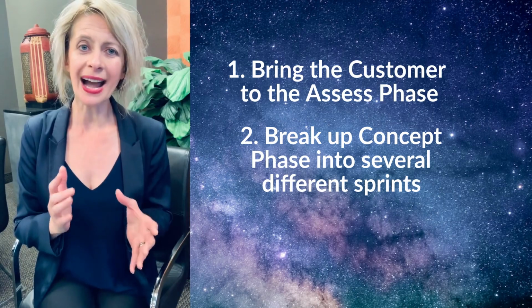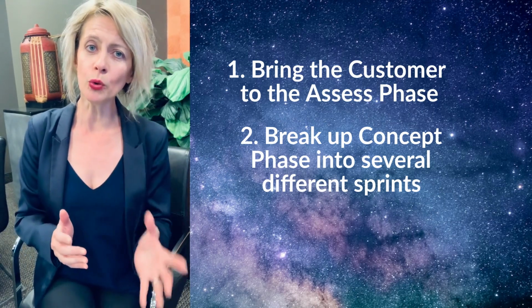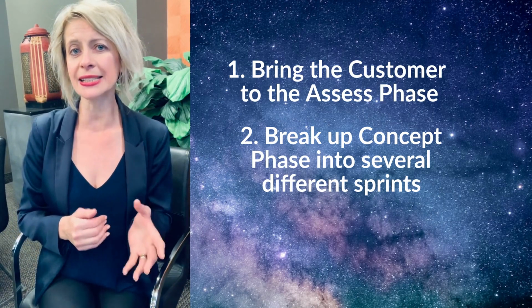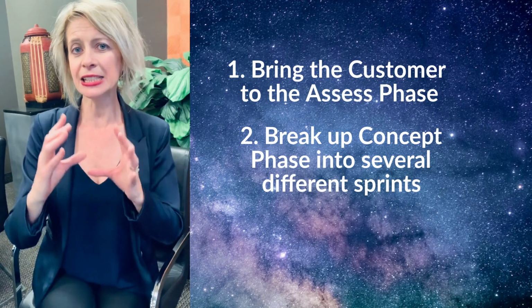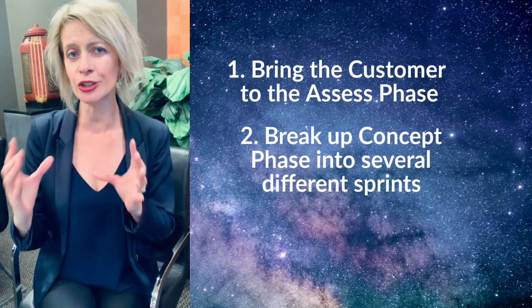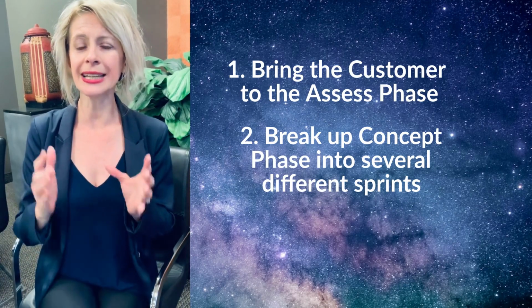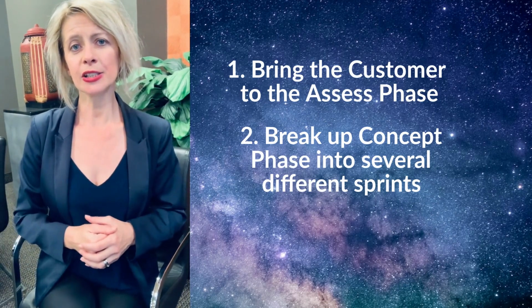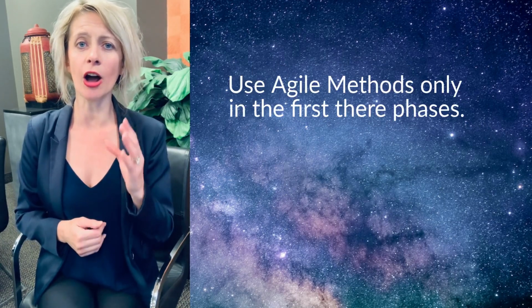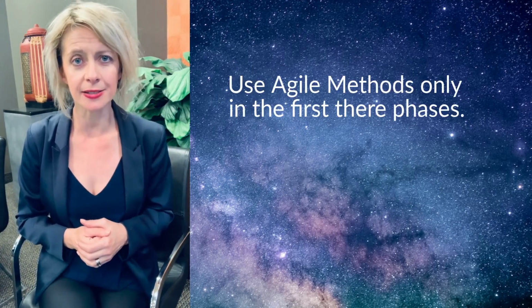Agile is all about iterations, but you wouldn't want iterations on the asset as you are creating, especially if you are in the execution phase. Therefore, Agile wouldn't work in execution phase. So I recommend using Agile only in the first 3 phases.